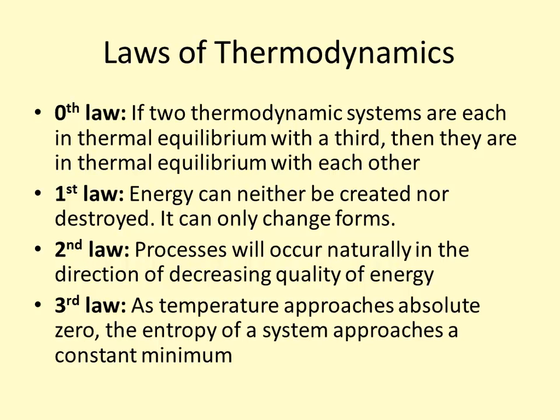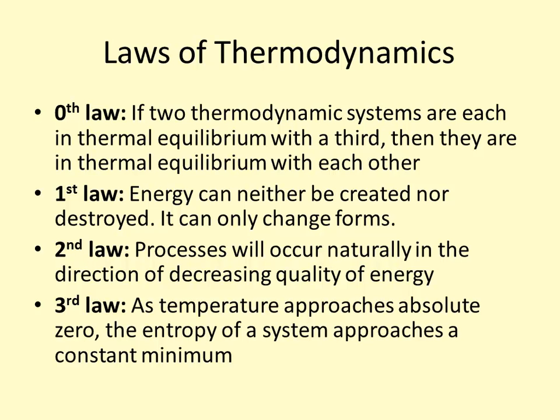So we can change form from work to heat or heat to work using a heat engine, but we can never create energy and we can never destroy energy from this change. And then, of course, the theory of relativity, E equals mc squared, mass and energy can be interchanged, but it's a very large amount of mass that needs to be converted to energy.